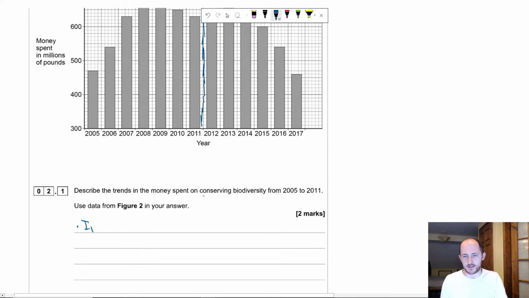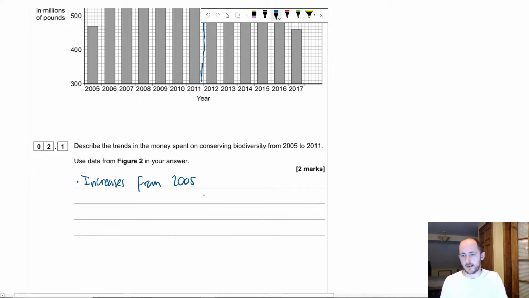So increases from 2005 to 2008, and then decreases from 2008 to 2011, and that's it.